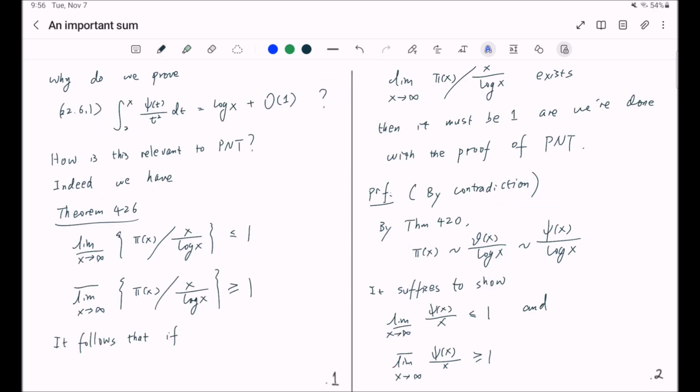And now you might ask, how far are we away from the final proof of the prime number theorem from theorem 426? It seems that it suffices to show this limit exists, because from this theorem, as long as the limit exists, the limit must be equal to 1. You might think we are really close, but unfortunately not, because the part that shows the limit exists is a truly technical part.